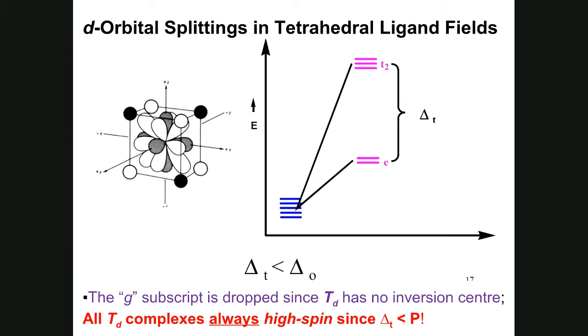But importantly, I wanted you to see the difference between an octahedron and a tetrahedron. In an octahedron, you have seen that the ligands are coming along the X, the Y, and the Z axis. But in the case of a tetrahedron, look at the balls that are on the cube there. Do you see the cube, or all these structures are cubic in any case? In a tetrahedron, you have got a ligand that is not in any of the axes.